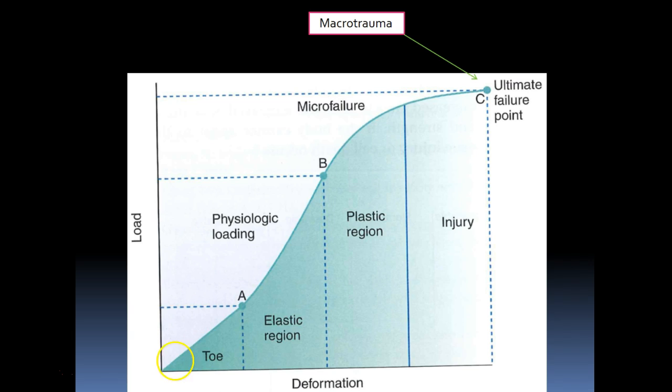As we move that foot off the table and start to flex that hip, we're in the toe region of the tissue. In other words, it's the early stages of tissue loading. It's where we're really starting to just take the slack off of the resting tissue, right? So the tissue slack is being taken up.